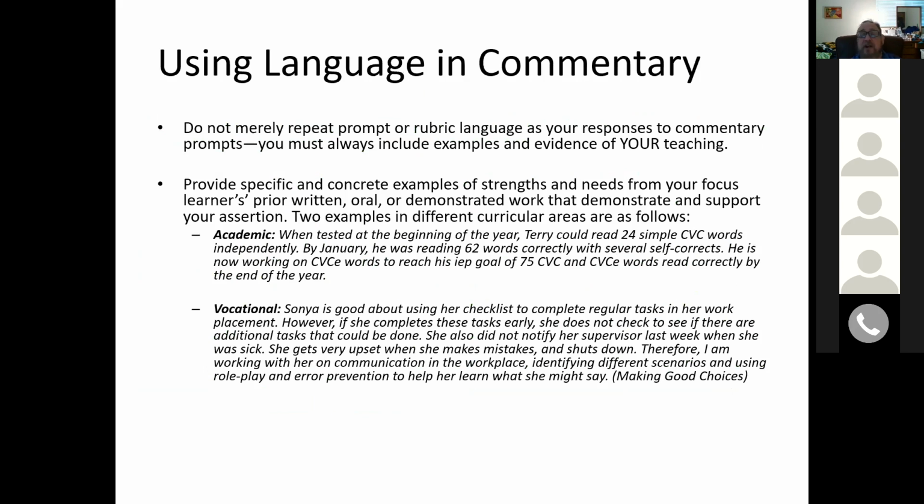Using language in commentary. Do not merely repeat prompt or rubric language as your responses to commentary prompts. You must always include examples and evidence of your teaching.